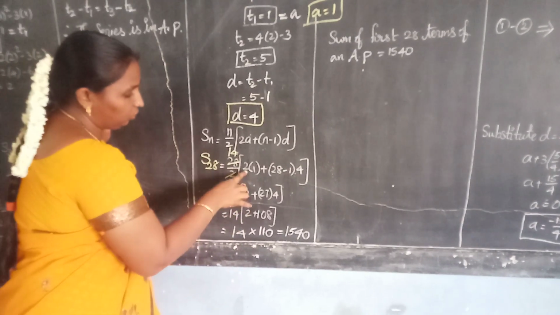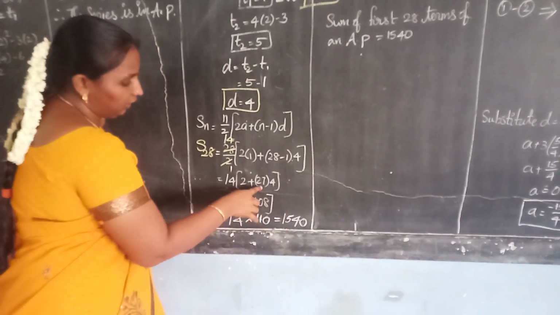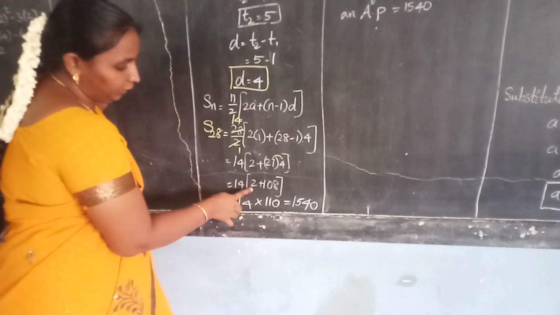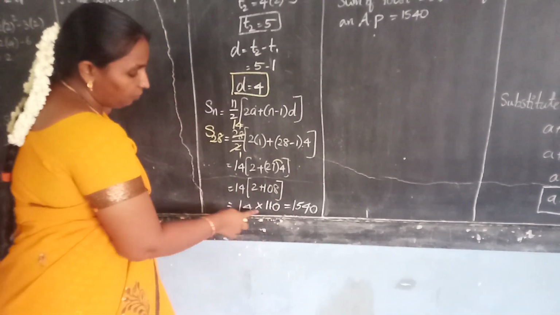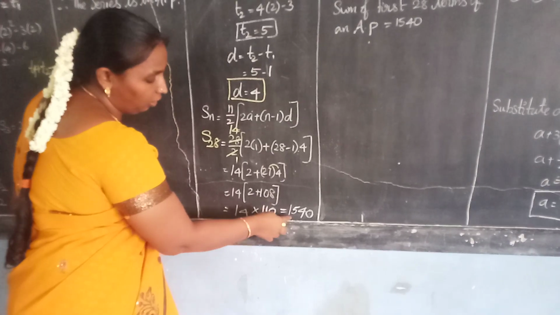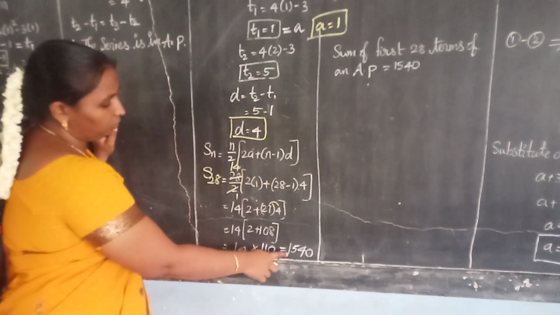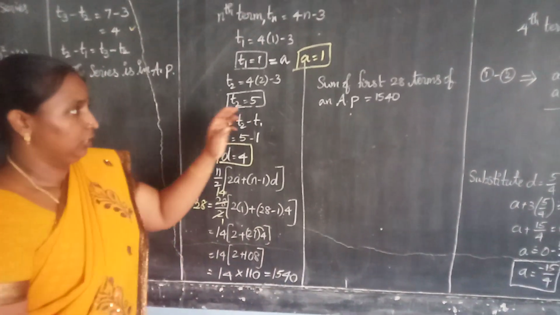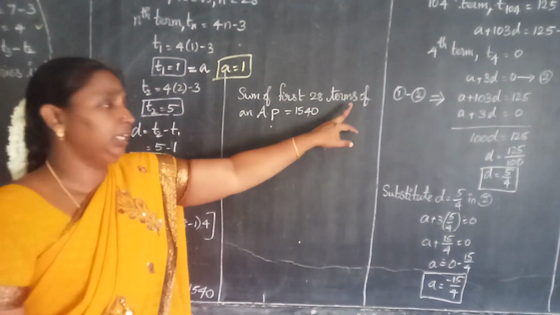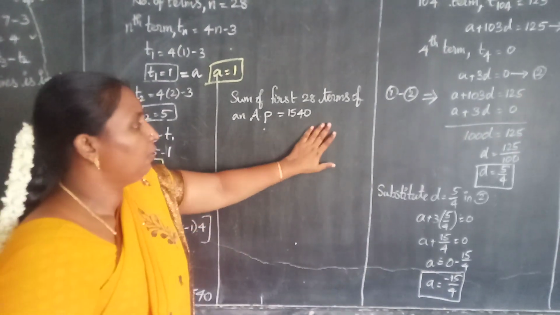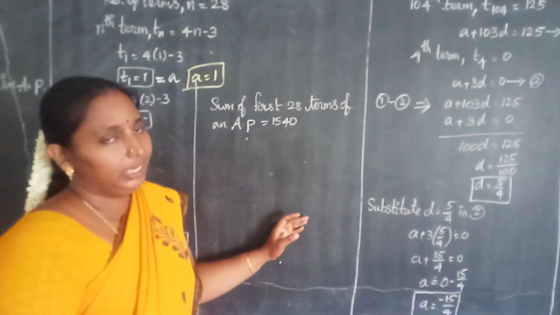So 14 into 2 plus 27 into 4. Multiply these two will get 108. 108 plus 2 will get 110. 14 into 110 will get 1540. So S28 equal to 1540. So sum of first 28 terms of an AP equal to 1540. So that's all. Do you understand this?